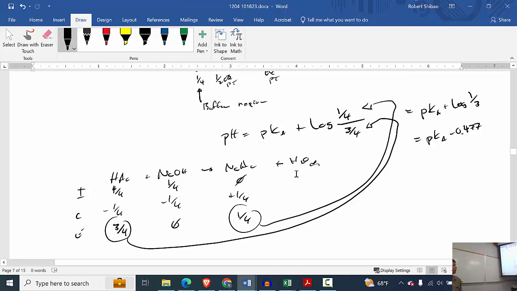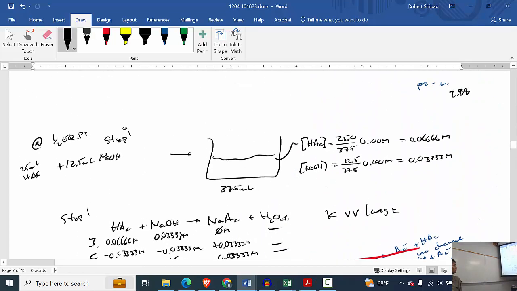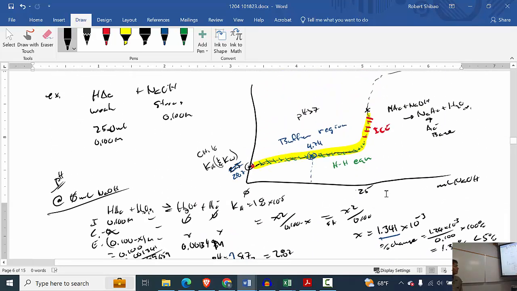So I go up here and I just do this. This is 4.74, and I just go, okay, I'm going to subtract 0.477 from that. 4.74 minus 0.477, I get 4.266. Oh, just round that. 4.266.